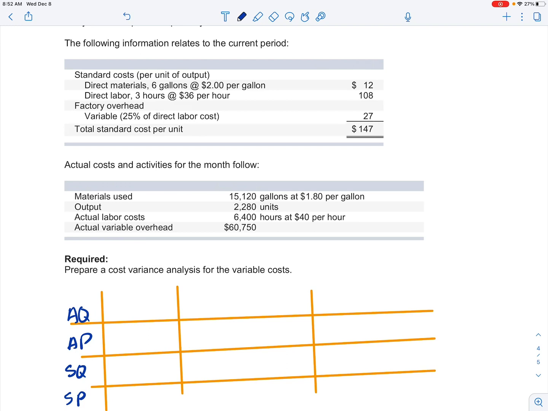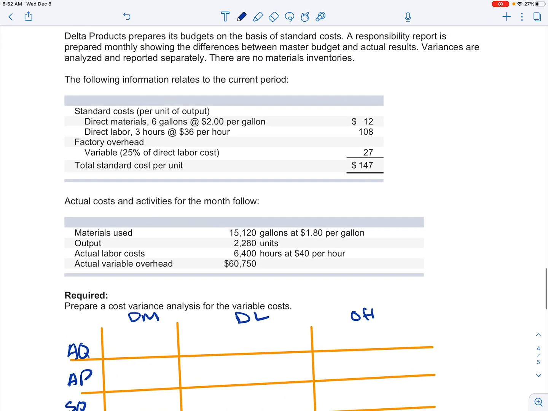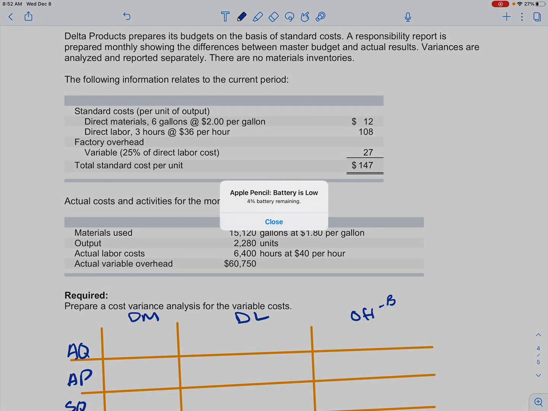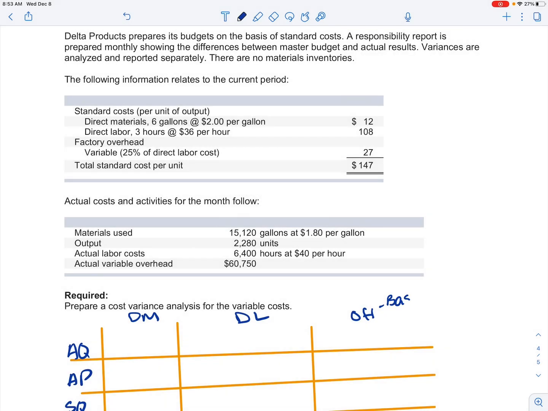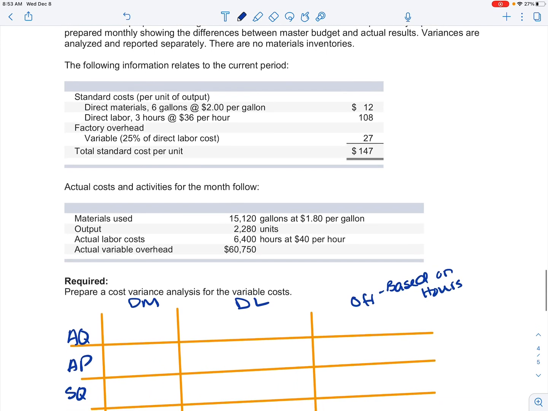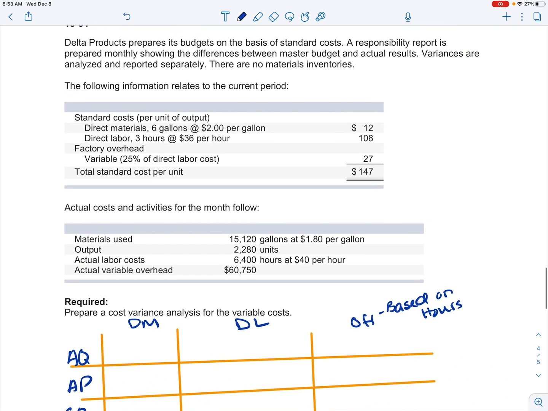And I'm going to have to find these from a direct material perspective, a direct labor perspective, and an overhead perspective. Remember, overhead here, if we read through, it's going to tell us that overhead is based on hours. So I should recognize that, and then after we have this chart all figured out, it's going to be a lot easier to do this problem.